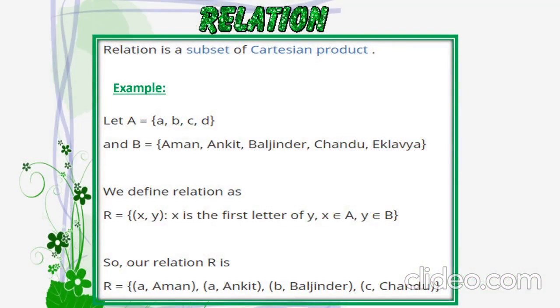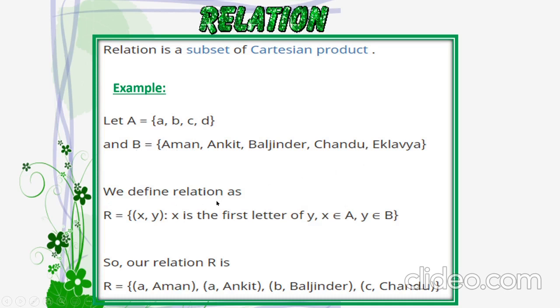Before understanding the concept of relation, you should know the meaning of Cartesian product. And I hope you all must be knowing the concept of Cartesian product now. So, relation is basically a subset of Cartesian product. For example, let's take two sets. Set A is the collection of few alphabets and set B is the collection of few names.